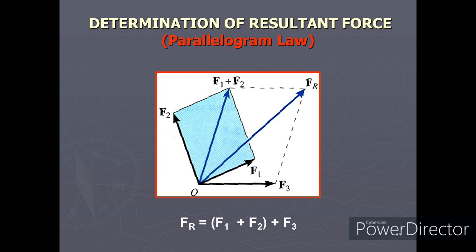The resultant force, let me call it Fr, is just the algebraic summation of all the forces. What is the condition? Provided the forces are presented in magnitude and direction, or in vector form.